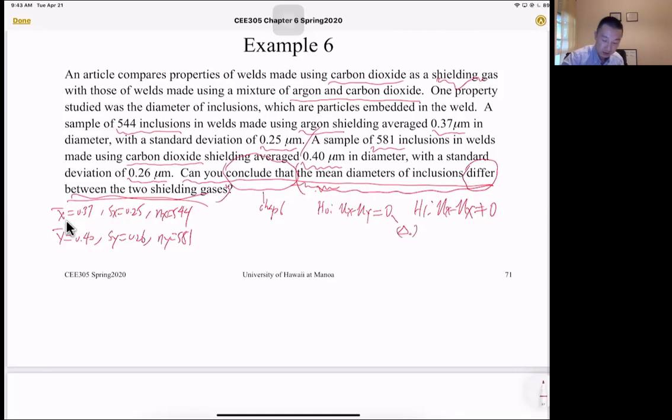Okay, so then we calculate the z-score. The z-score uses the mean value difference for the sample.